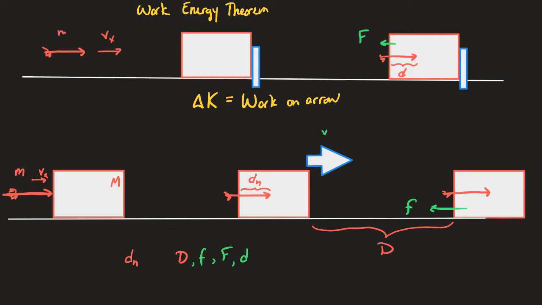The arrow's final kinetic energy is 0, and its initial kinetic energy, I'm just going to write as K. We know that that's 1/2 mv_x squared, but it doesn't matter. We can't use any of those in our answer.